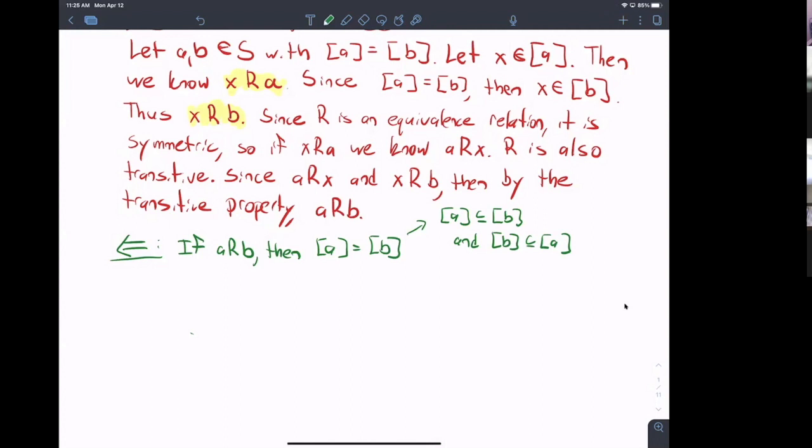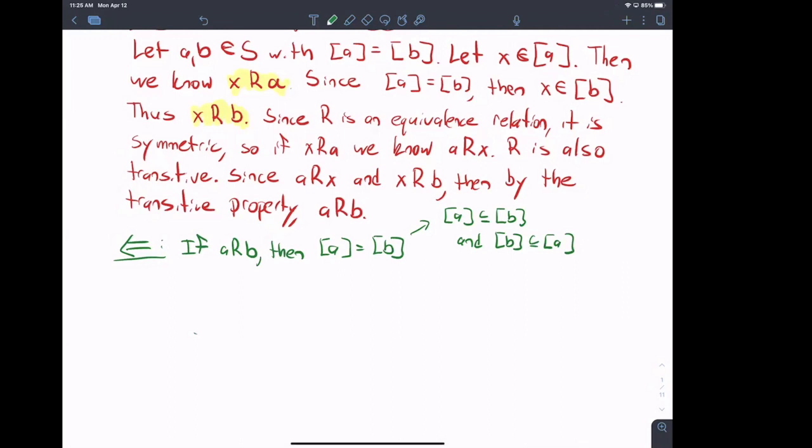And so if you think about what these equivalence class properties are, really what we're trying to show is that anything in the equivalence class of A, so that would be anything related to A, also should be related to B, should be in the equivalence class of B. And what's important here is that we're assuming that A and B are related.